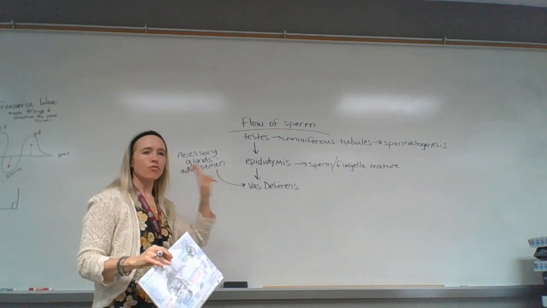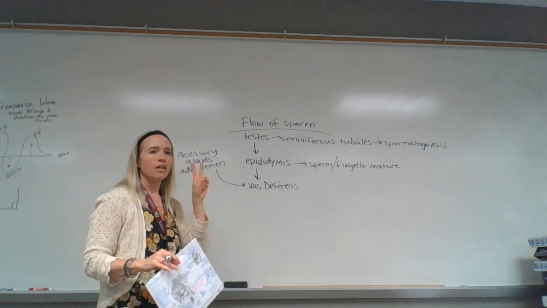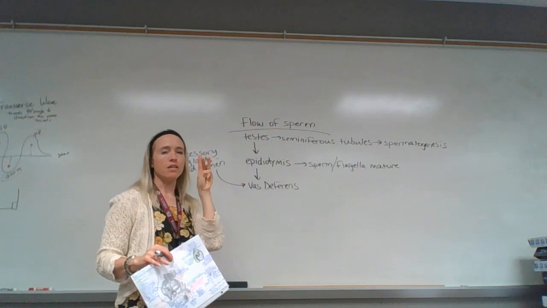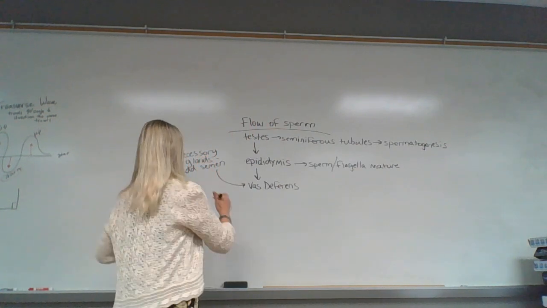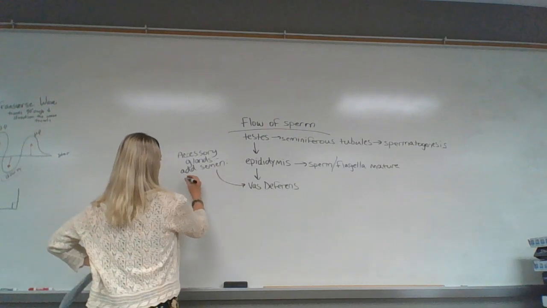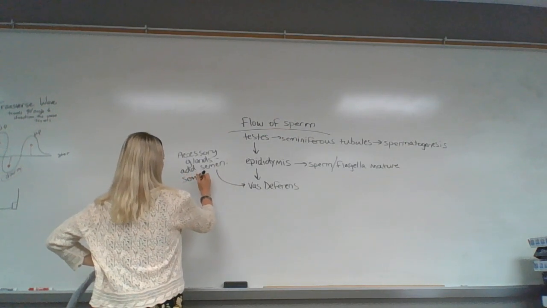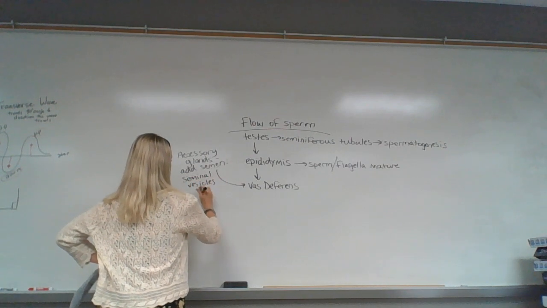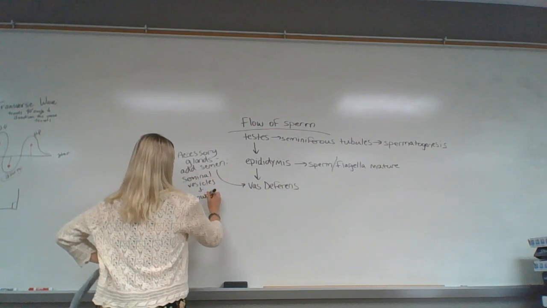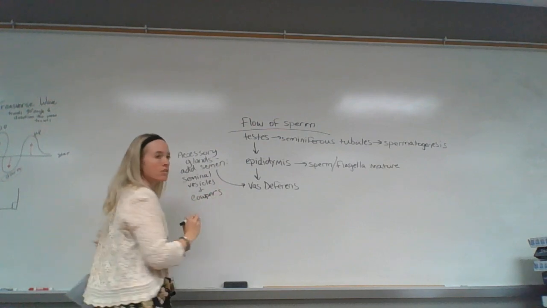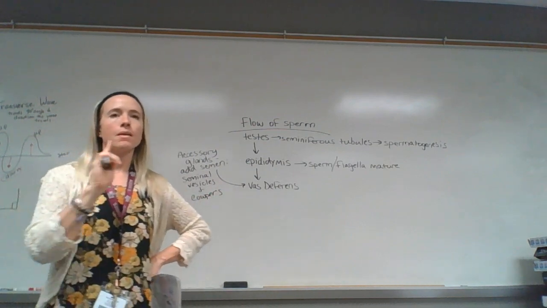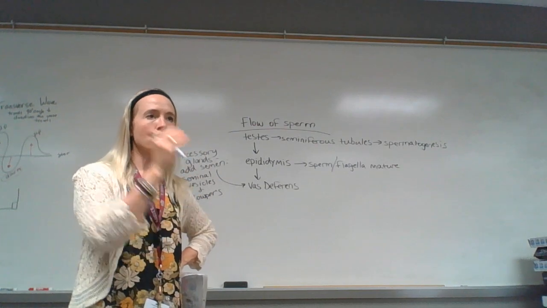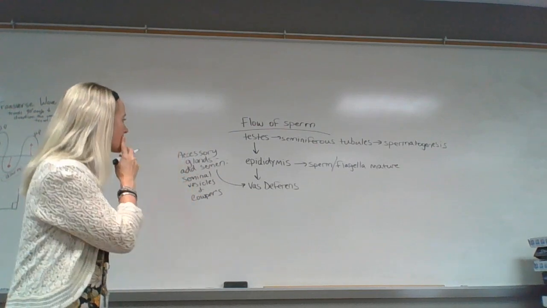It's going to provide the fructose for the mitochondria, and it's also going to provide a natural antibiotic to protect the fertilized ovum. So that's going to be from the seminal vesicles and the Cowper's gland. But the sperm does not directly flow through that. It's just going to contribute the semen.